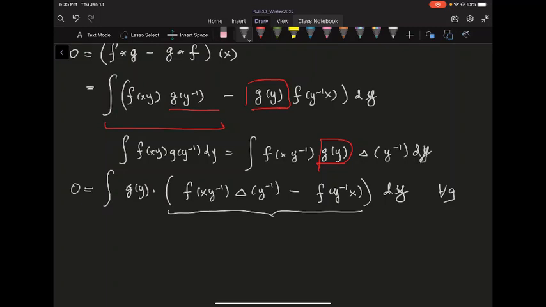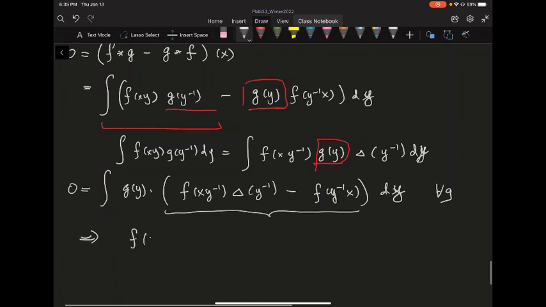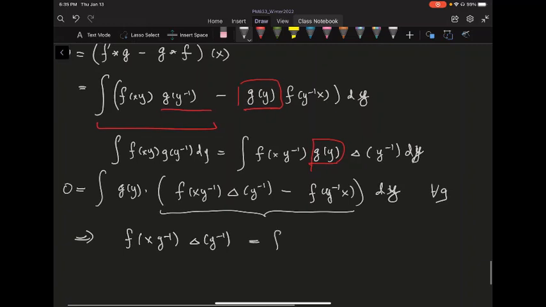That's kind of clear. So this implies the following: f(x y inverse) delta(y inverse) is equal to f(y inverse x), for all x and y. So this is what we have.